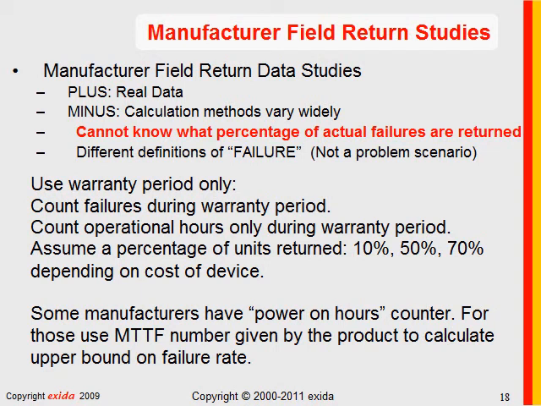Now, why did I say upper bound? Because typically weaker units fail first. The weaker units have a higher failure rate than most units. And of course, we aren't really giving credit for all the successfully operating units. We're only looking at the ones that have failed.